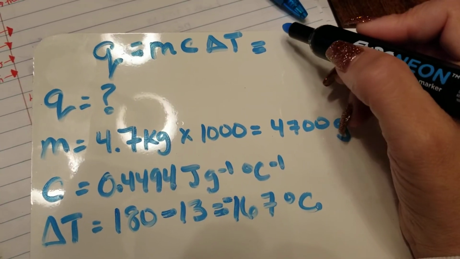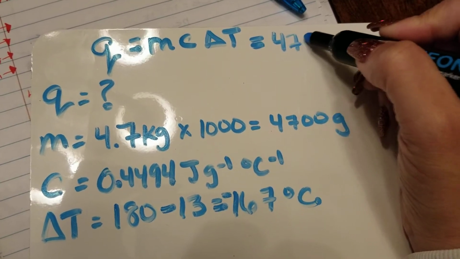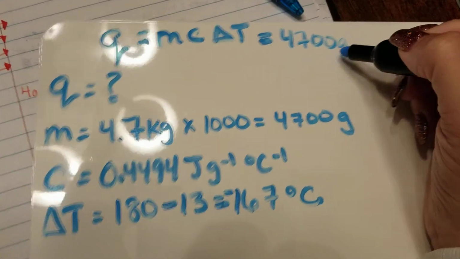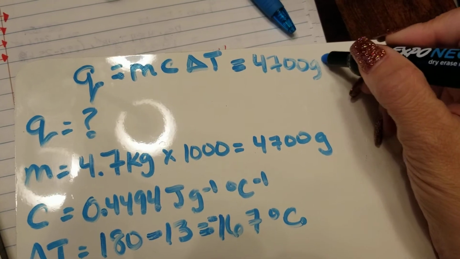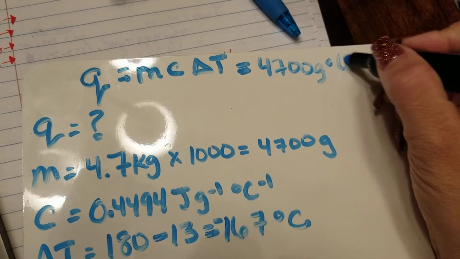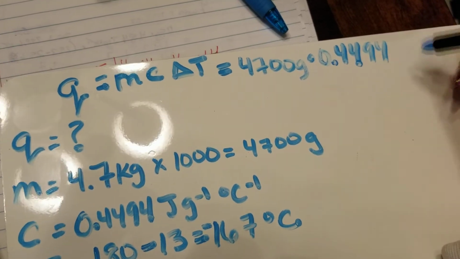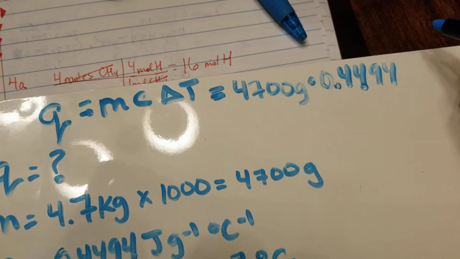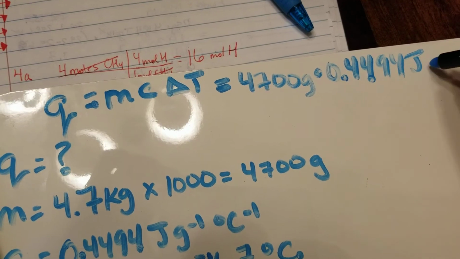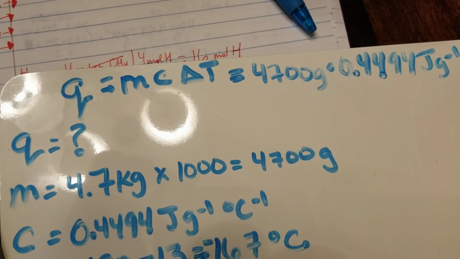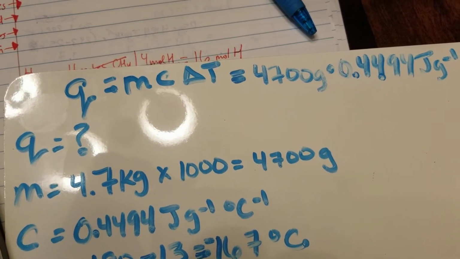Okay, I'm just going to plug it in. What's the mass? 4,700 grams. I'm going to multiply it by the specific heat, 0.4494 joules grams to the negative 1, degrees C to the negative 1.